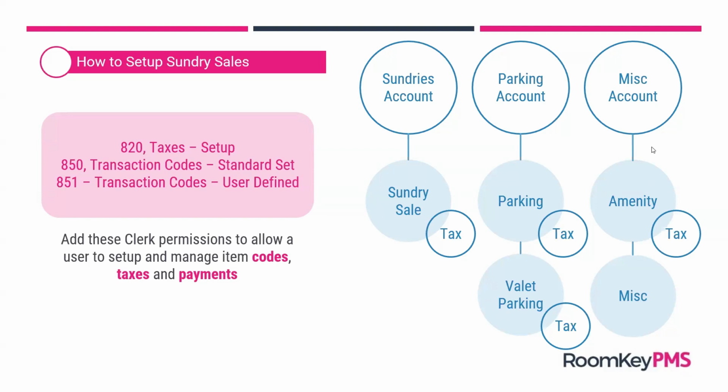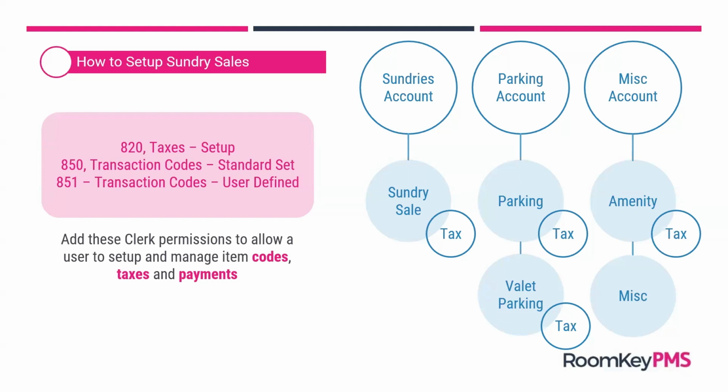Another type of setup that I have seen is having simply an amenity transaction code. You might also have a miscellaneous transaction code, and these just go directly to a miscellaneous GL account. Again, the names and setup of those accounts, I do strongly recommend you double check and build those with the knowledge and recommendations from any of your accounting team members.